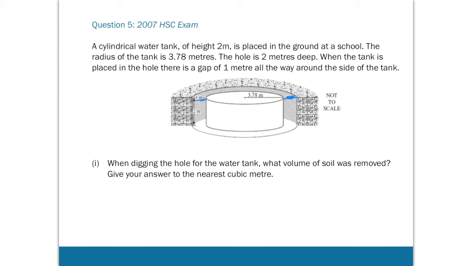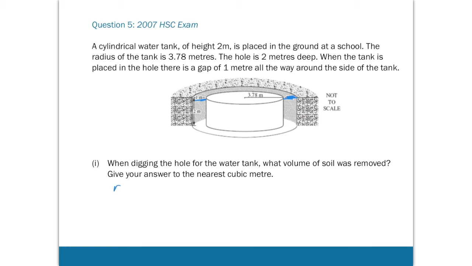So basically we need to find the volume of the cylinder plus these little 2 parts to find how much volume of soil they removed. So the first thing we need to find out is what radius we are going to use in our formula. So we have to take into account this extra 1 metre.